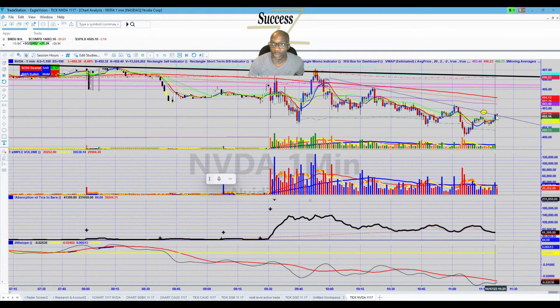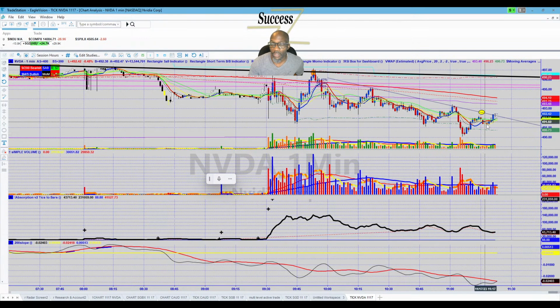But it's also cooperating with this descending trend line too. Although, low, higher low, low, higher low.